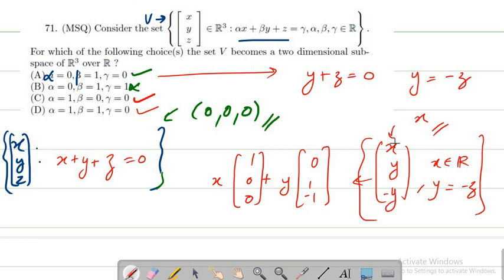Our elements will be of this form. So these two are linearly independent vectors, and also they span the full space. So we can say the dimension is 2. Similarly, you can argue all the other cases. Okay. So basically, what we have here are planes. So we have two-dimensional subspaces here. So let's move on to the next question.